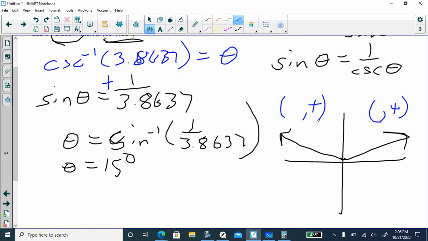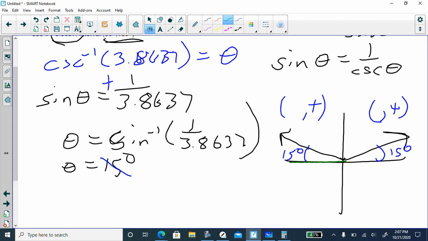What do they have in common? They have the same reference angles. So our calculator gave us the angle 15 degrees, but we wanted the angle in the second quadrant that has that same reference angle. If it has the same ratio, then it has the same reference angle. So the angle we're looking for is 15 degrees before you get to 180.